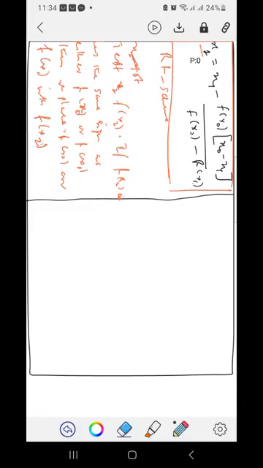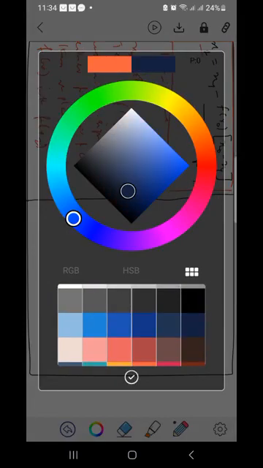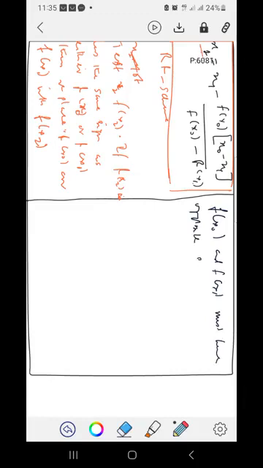I'm going to explain what it means. What it's saying in essence is actually quite straightforward. One of our instructions back then was that fx naught and fx1 must have opposite signs.